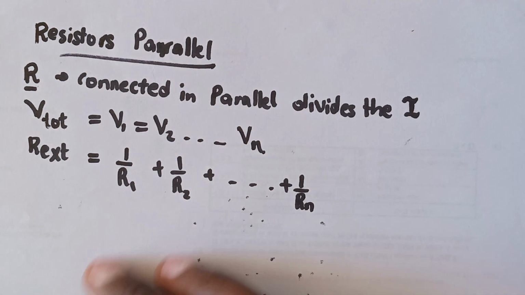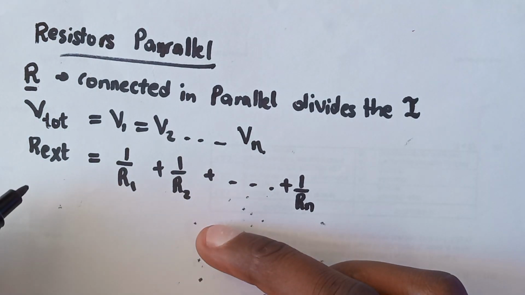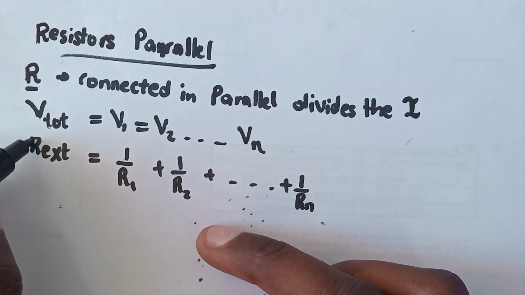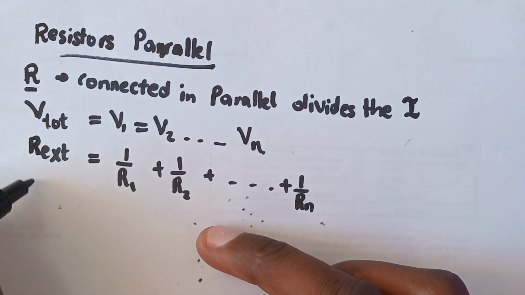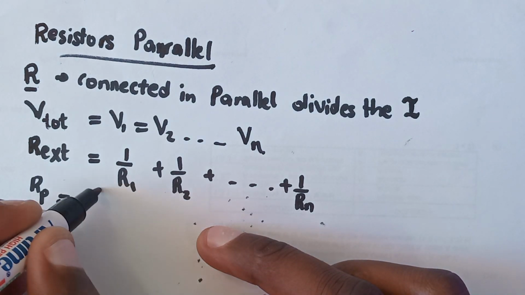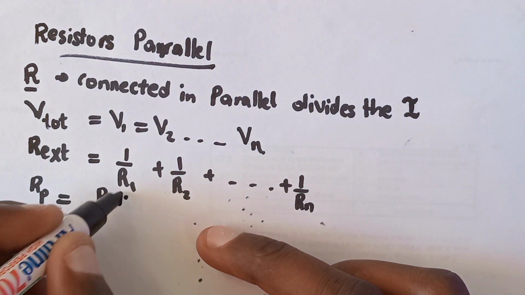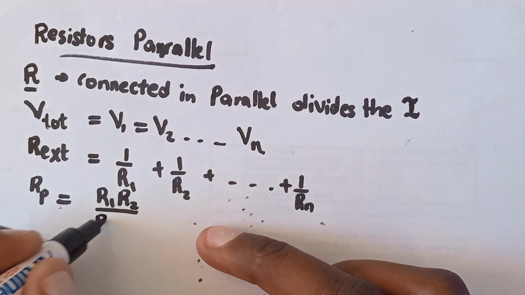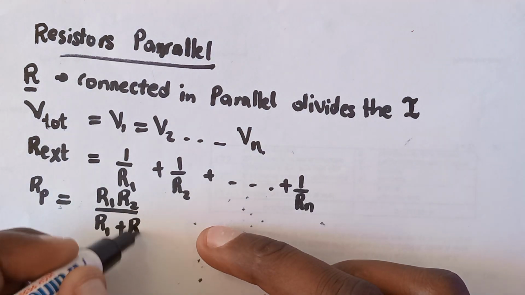Or maybe you can use another way of calculating R external for the parallel one. Rp is equal to R1 R2 over R1 plus R2.